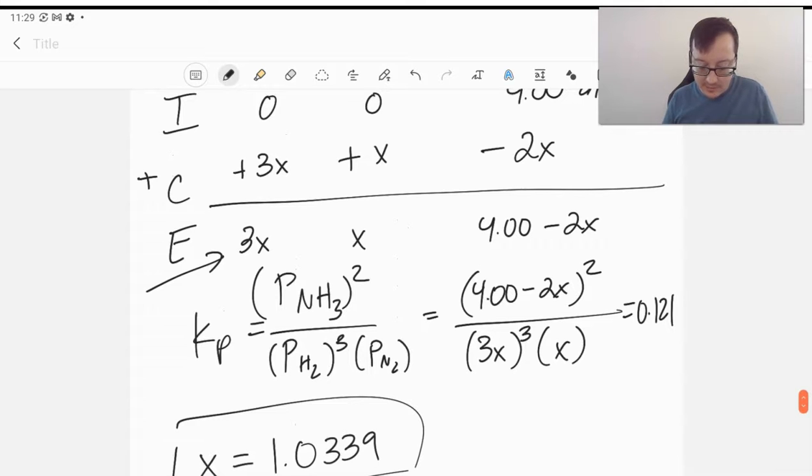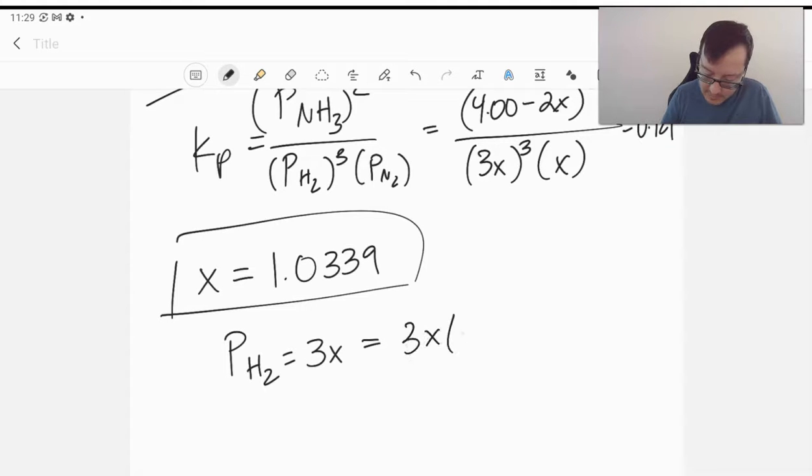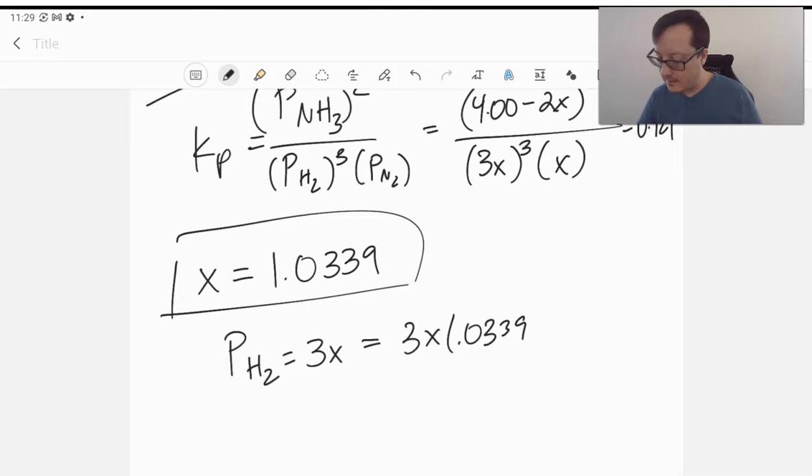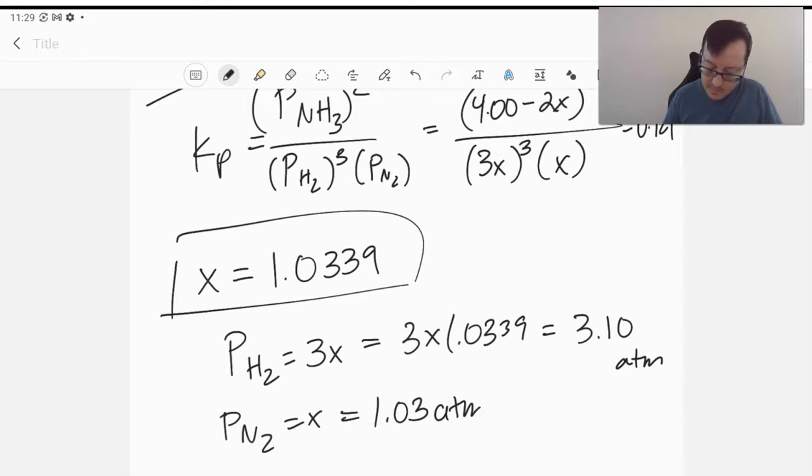Our equilibrium expressions are here. So we saw that the pressure of hydrogen is 3x. And so that'll be 3 times 1.0339. Let's calculate that. 3 times 1.0339, we get 3.10. And that'll be atmospheres. For nitrogen, it was simply x. So it's 1.03, we'll say, atmospheres.